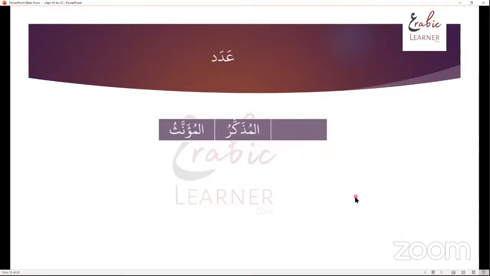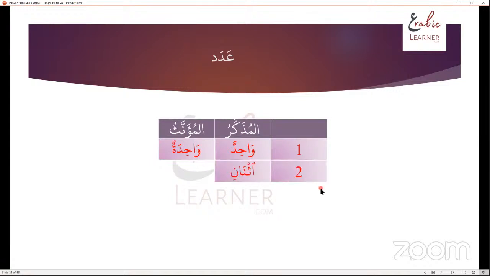Now I'm going to talk about the gender of the numbers. Wahid, wahidatun, muannas. Ithnani, ithnatani. These are the muzakkar and muannas forms of that.